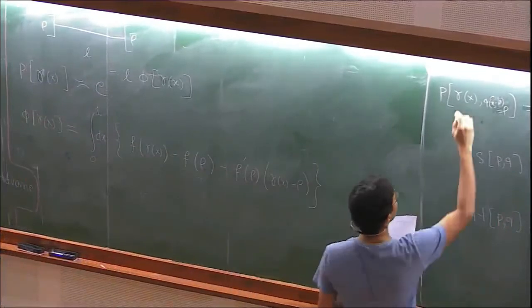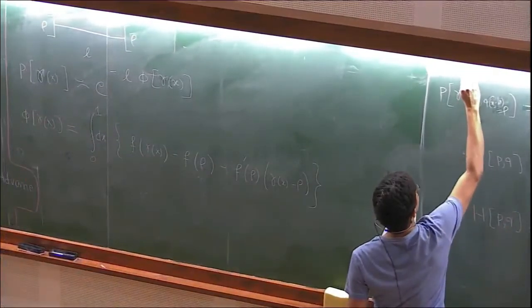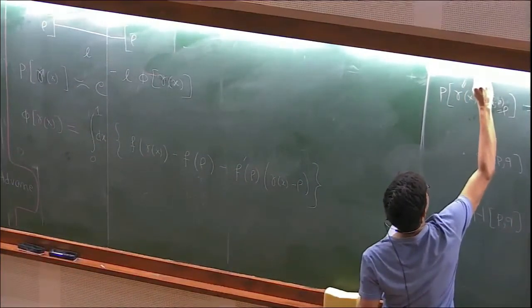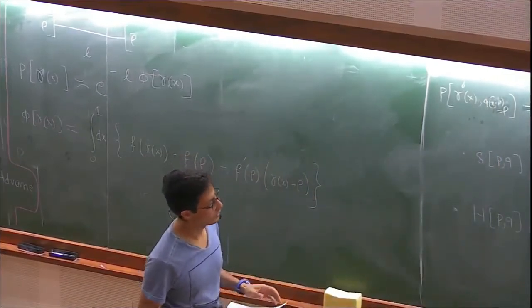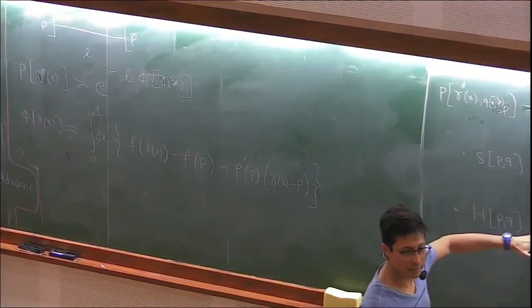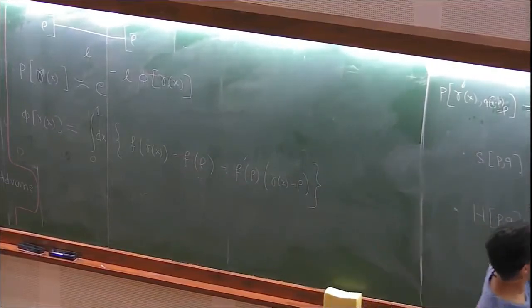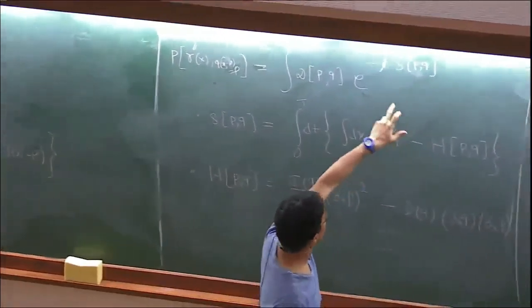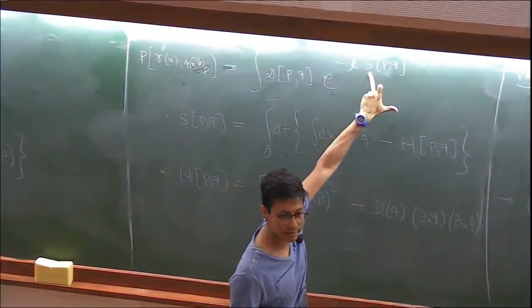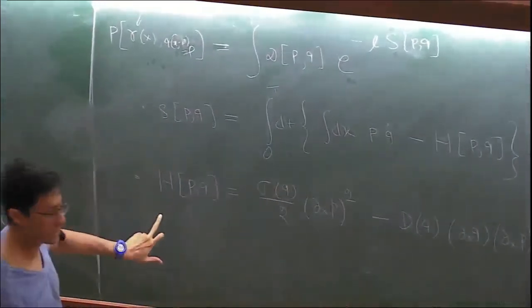I want at time 0 this to be R of x. I'm looking at all possible evolutions with the weighted probability of each path, and the weight of each path comes from this action. The action is given by this.